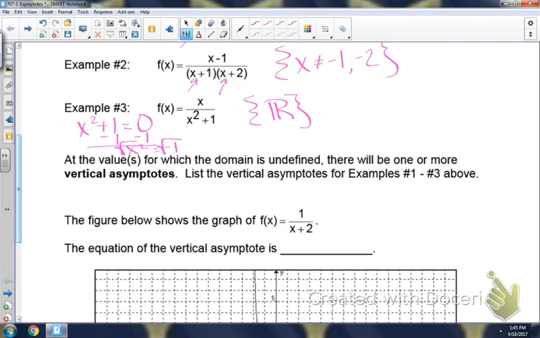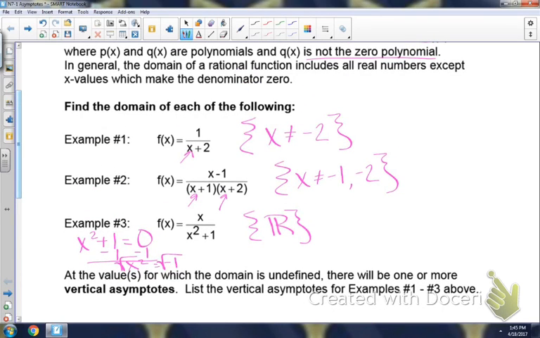Okay, so it says at the values for which the domain is undefined, there will be one or more vertical asymptotes. List the vertical asymptotes for examples number 1 through number 3 above. So we're going to go back. Whatever causes your denominator to be 0 is your vertical asymptote. So the first one would be, we'll just put VA, x equals -2.